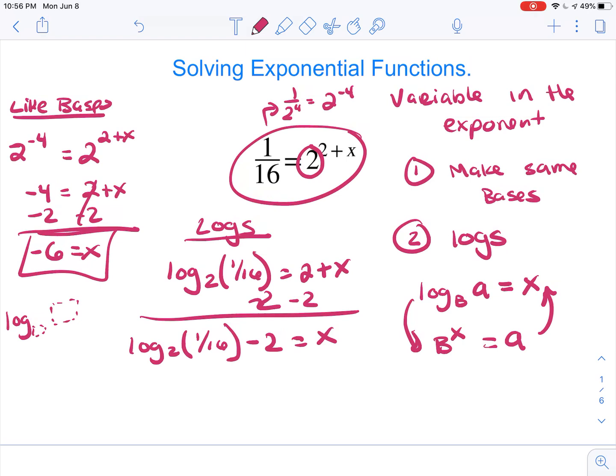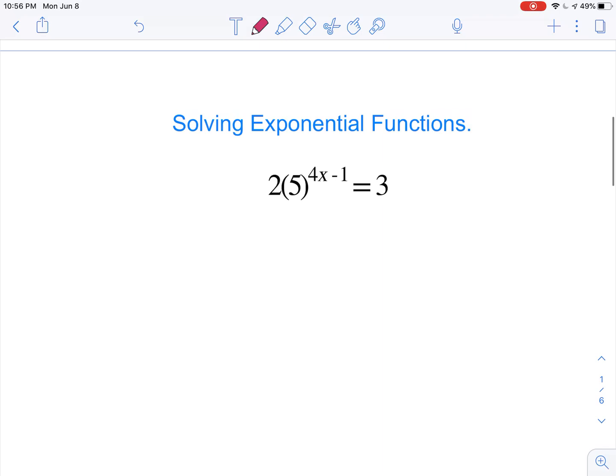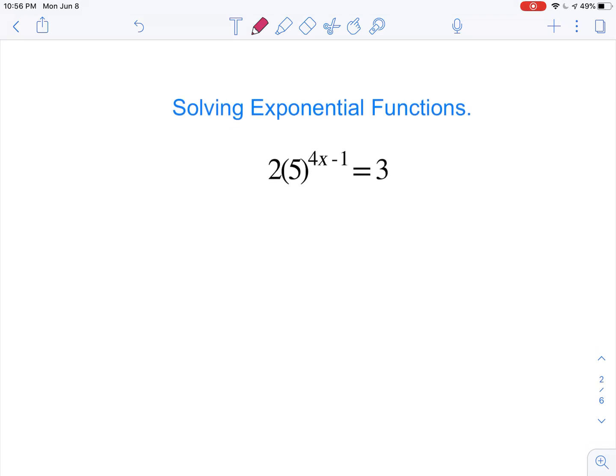So if you type into your calculator log base 2 of 1 over 16 minus 2, you get negative 6 is equal to x. So you do get the same thing. If you're not super comfortable with like bases, logs are always a nice way to go for some of these questions. Okay. Solving exponential equations.